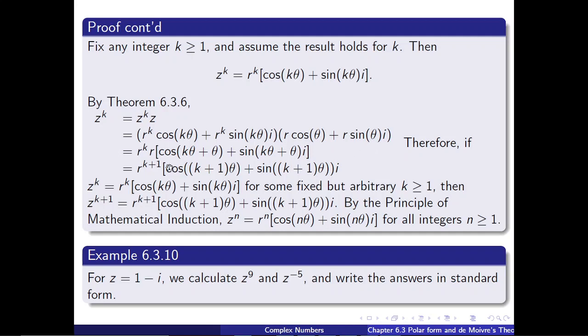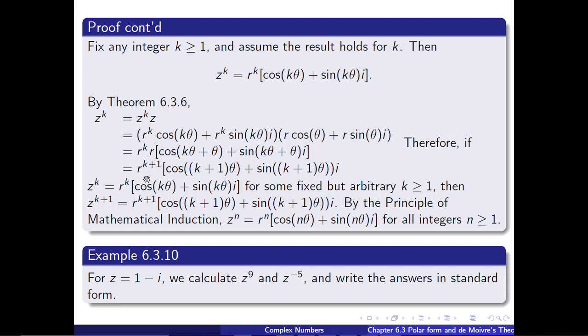And then here we are using theorem 6.3.6 to say that if we are multiplying this by that, then we are supposed to say r^k times r, so we are multiplying the two r's here, and then for the angle, we know that we are supposed to add this one plus the angle on the other complex number, so that's where the kθ plus θ is coming from.